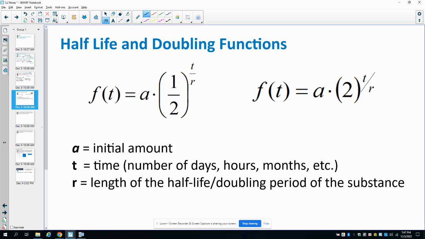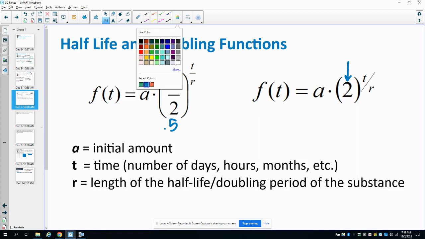Now when we look at the half-life and doubling formulas, half-life is when you have half the amount, or a decrease of 50%. One half as a decimal is 0.5, so your growth factor is 0.5, or half of the original. And over here in the doubling formula, your growth factor is 2, or it's doubling each time.